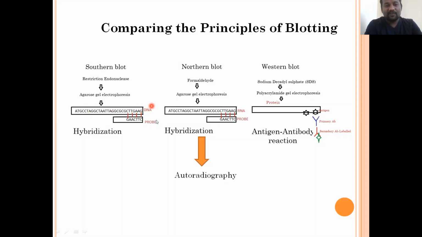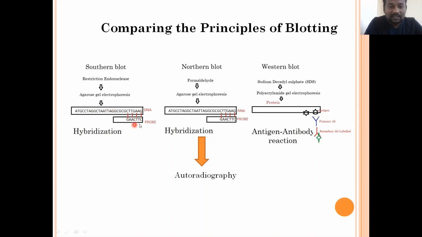At that stage, we are adding the DNA probe. This DNA probe is a single stranded DNA fragment having a sequence complementary to the particular DNA of interest.